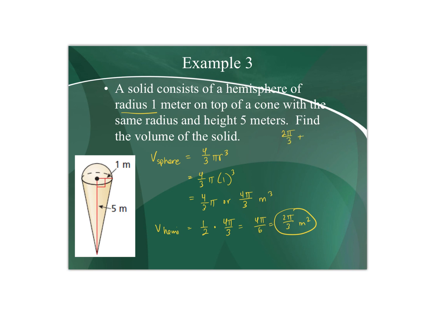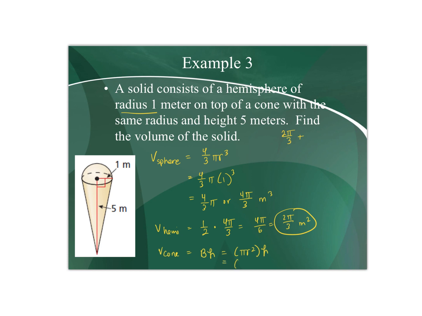Now I'm going to have to add the volume of the actual cone. So the volume of a cone is, again, the same formula I would use for a pyramid. It's going to be the area of the base times the height of the cone, divided by 3. In this case, the base is a circle, so pi r squared times the height.